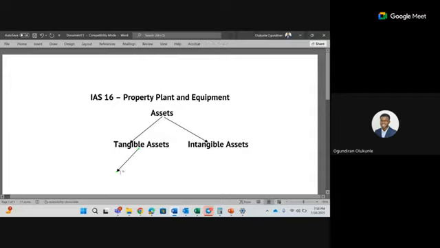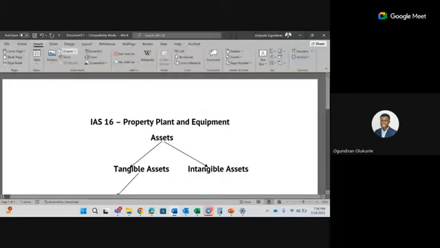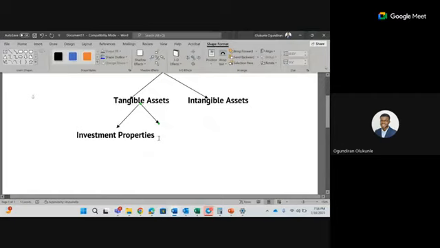So your asset is either going to be investment properties, or, again, there are still other types of assets, but I'm just looking at it from the general overview. Or it is property, plant, and equipment.